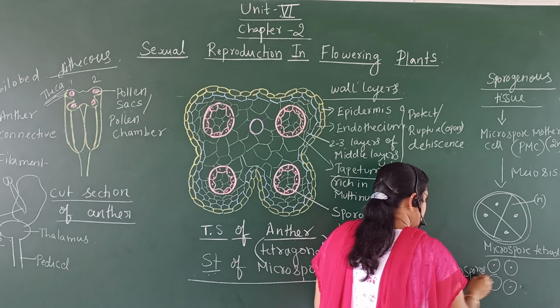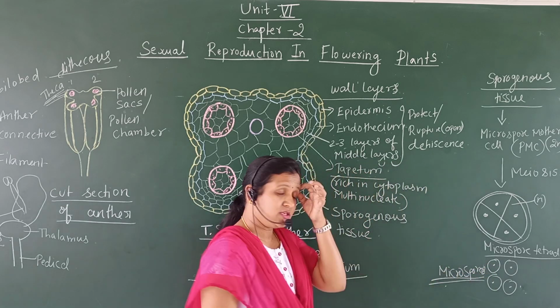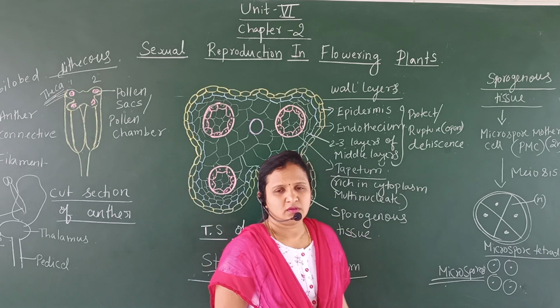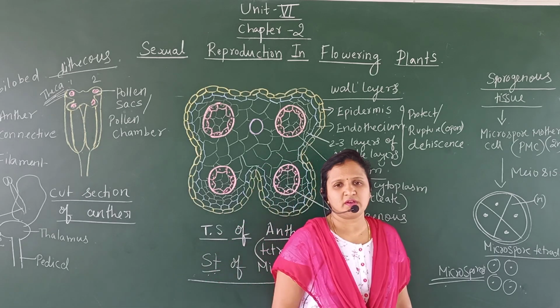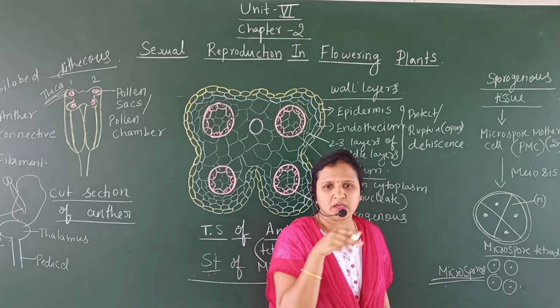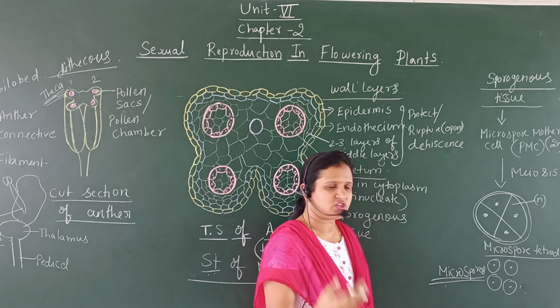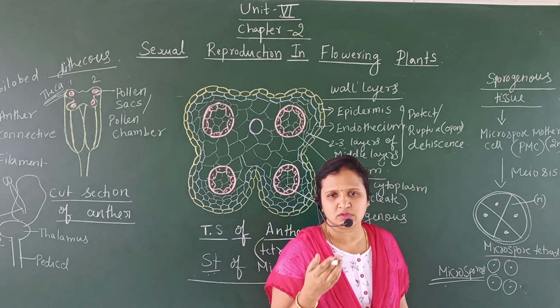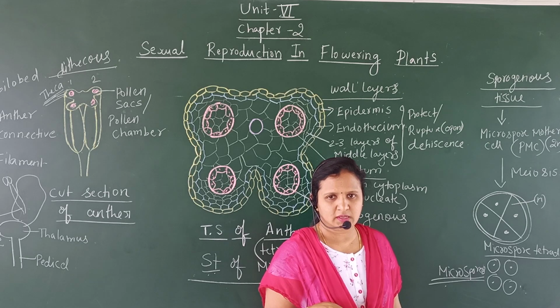These microspores later develop into pollen grains. We'll discuss in further classes how the microspore develops a wall layer and undergoes some changes in the cytoplasm to develop into a pollen grain.